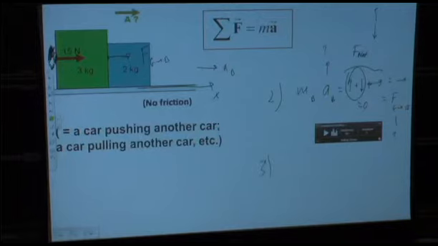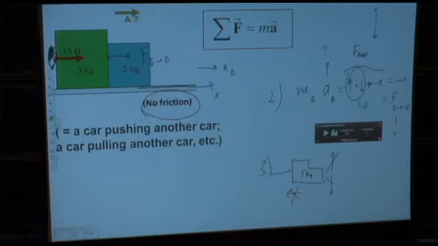We know that we can treat the whole system as one object made of two individual boxes. This whole system now has a total mass, which is equal to 5 kilograms. And for this system, gravity and normal forces also cancel each other out, so they do not matter. The friction, which should have been included in a real life situation, has to be neglected because we are told so.